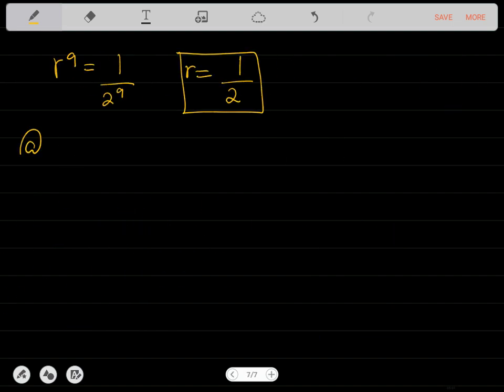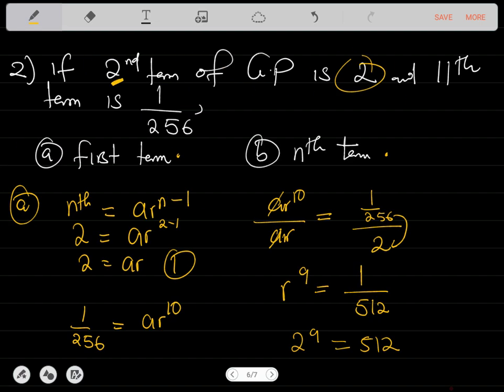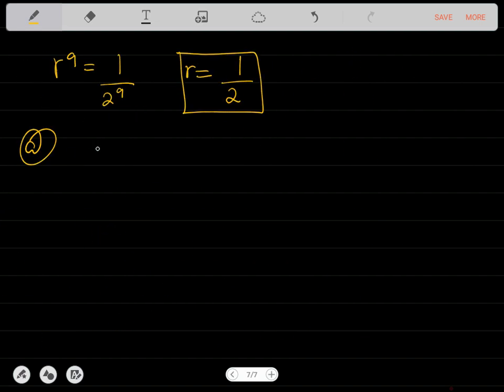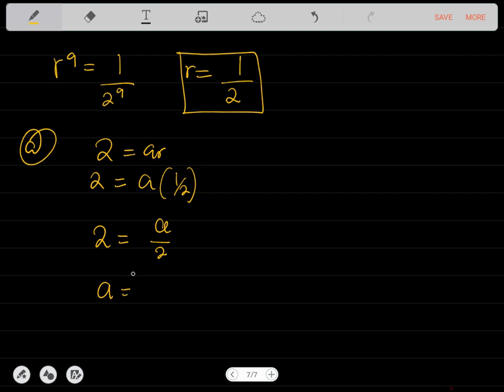But the question is asking for the first term and the nth term. So our first term, how do we find the first term? We can use any of the equations that we formed. Let's use 2 is equal to a r. Our r is 1 over 2. And this will give us what? a over 2 equals 2, so our a is 4.